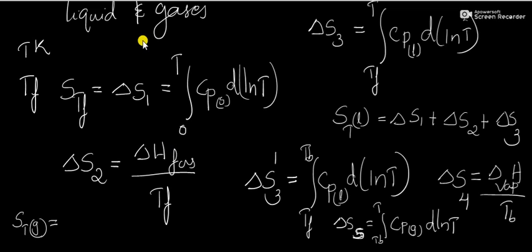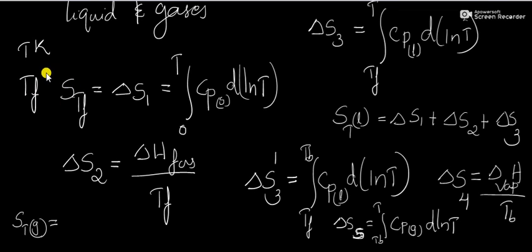So it involves different steps. First, the Cp values for the substance are measured at various temperatures, from TF Kelvin down to as low a temperature as possible.